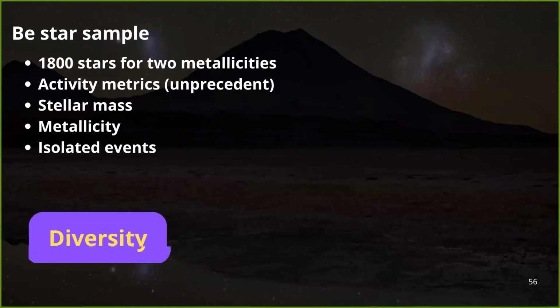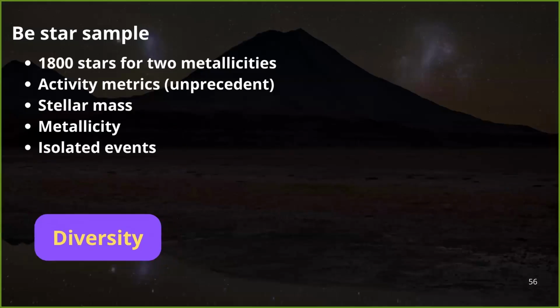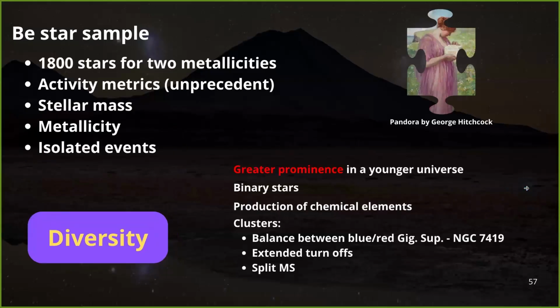So this allows us to access the diversity of the phenomenon, which helps us to map the behavior of the B star manifestation. And it can provide important pieces that help us to compose a larger puzzle.